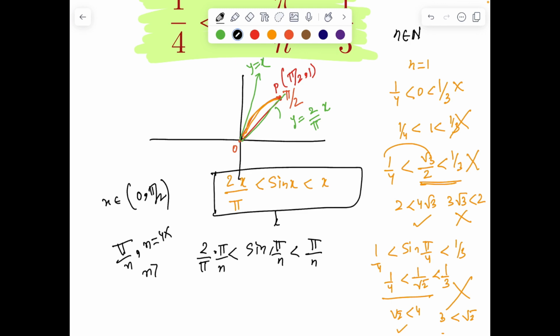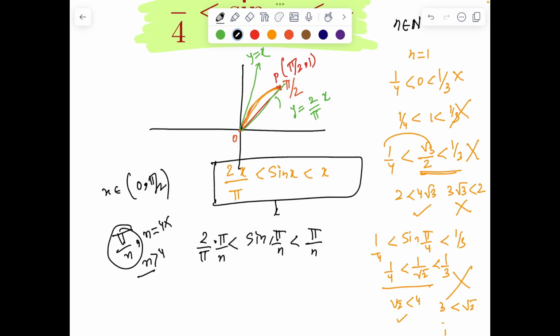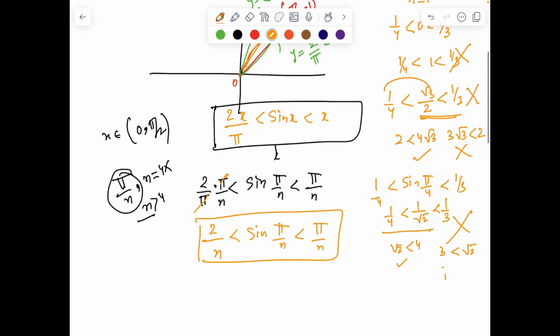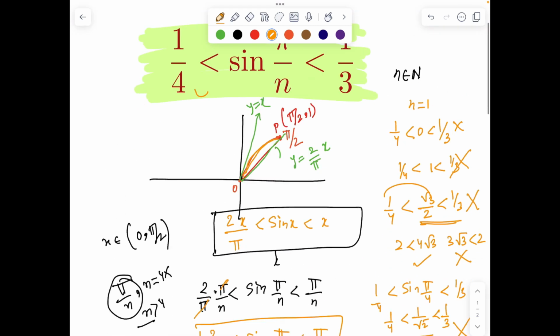So if n is more than 4, clearly pi over n will be in the window of 0 to pi by 2, right? In fact, it will be lesser than pi by 4 also, but first let's take this window. So using this idea, we got sine pi by n should be sandwiched between pi over n and 2 by n, right? Now according to the question, sine pi by n should be lesser than 1 by 3rd, and it should be more than 1 by 4.